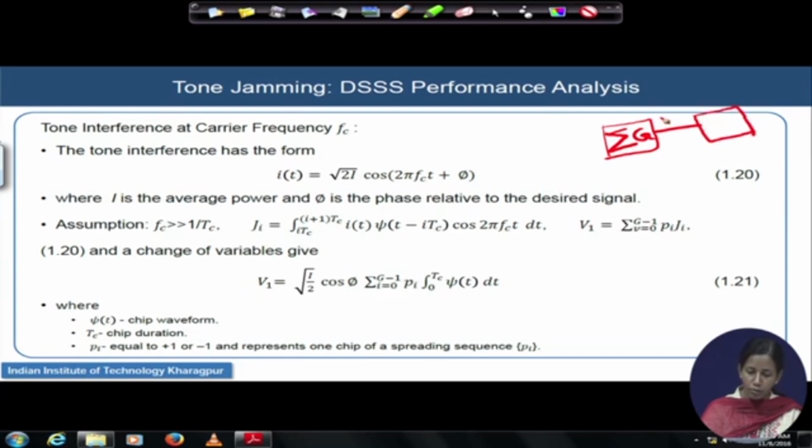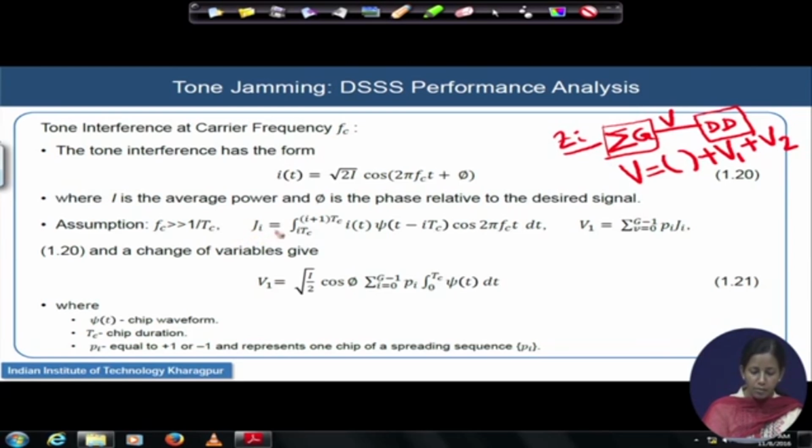I wrote in the front that the input to the decision device DD is V. This V also has 3 components, because Zi has 3 components, Si plus Ji plus Ni: signal, interference and the noise. So, here also we will see 3 components. One contribution is from the intended signal part, another from the jamming part, which we define as V1, and the third from the noise part, which we define as V2.